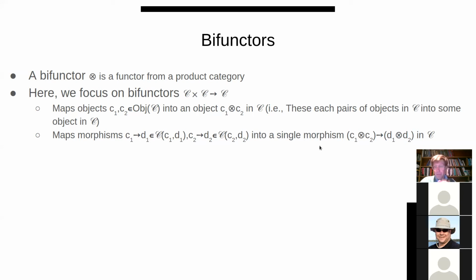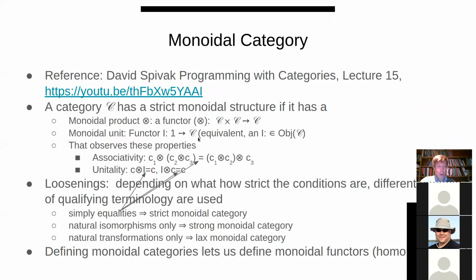And some definitions are given here, but basically for morphisms, those morphisms are going to go from the corresponding products of their pairs of their sources to pairs of their targets.